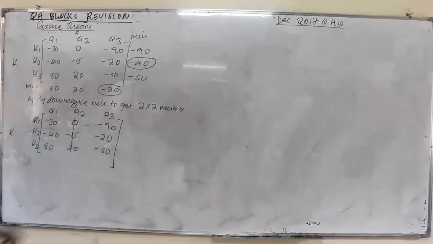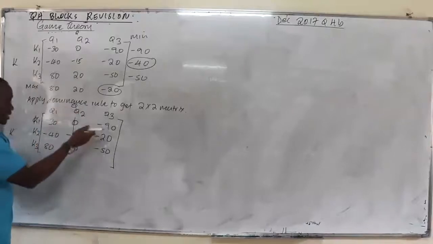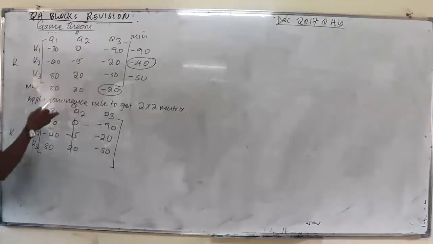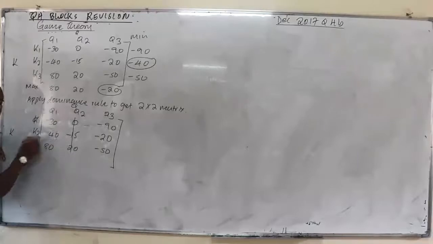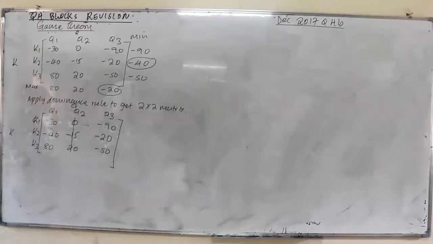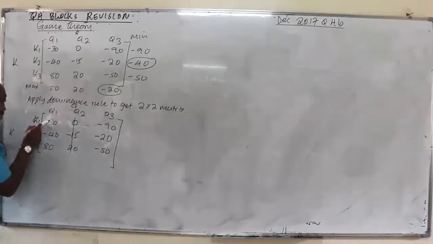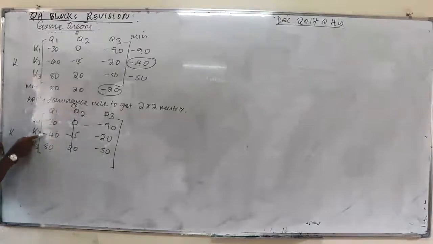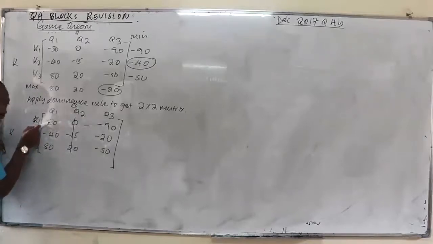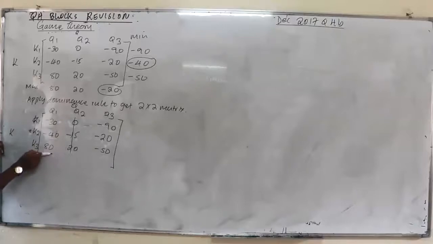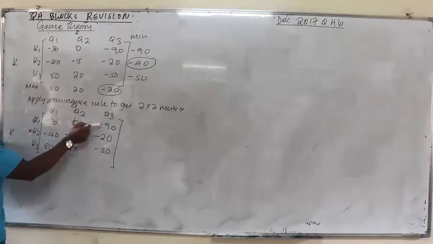In case that fails the test, because already with Q we have the strategies, but for K we don't have the strategy. So since K2 has failed the test, you go to the next minimum. The next minimum from the first column is negative 30. So negative 30 is less than 80. You don't focus on Q2 because it has failed the test. You apply across the row.